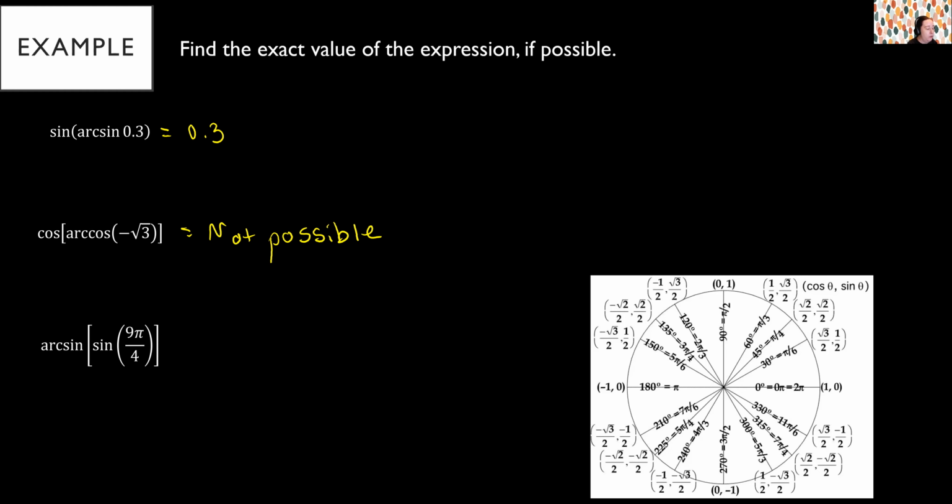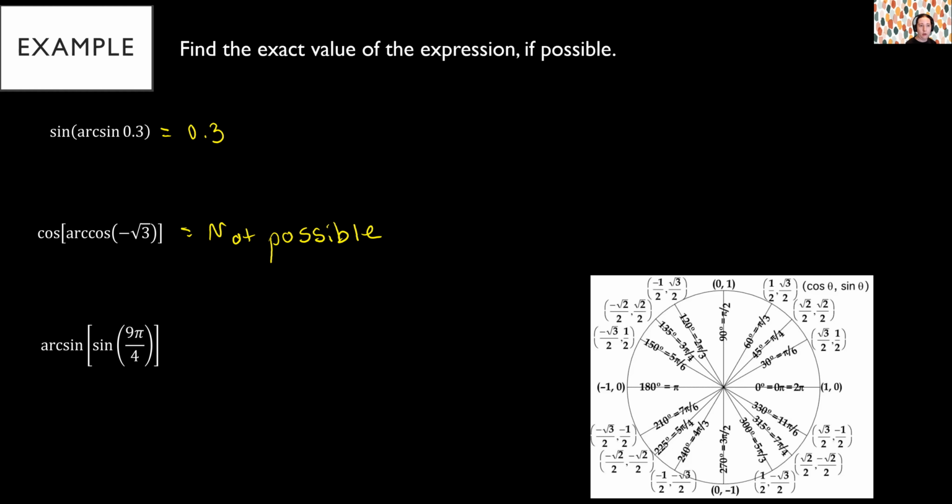But for arc sine, your range has to be between -pi over 2 and pi over 2. So we can't say that our answer is 9 pi over 4 because that's not within our range of -pi over 2 to pi over 2 based off of the graphs, because the last thing we're doing is arc sine. So we have to look at the output of arc sine. And so 9 pi over 4 is not in that range.